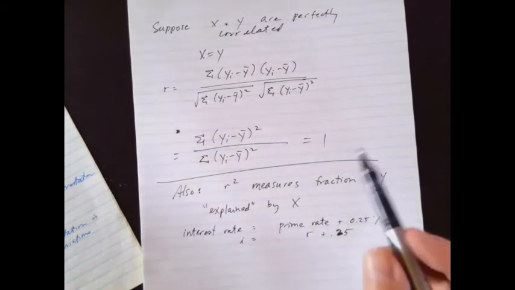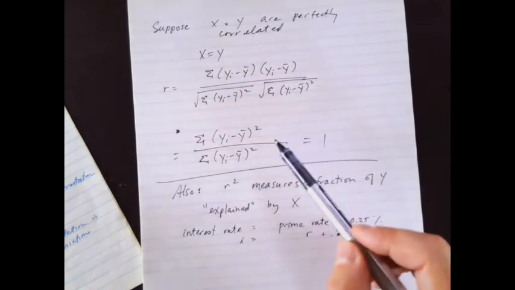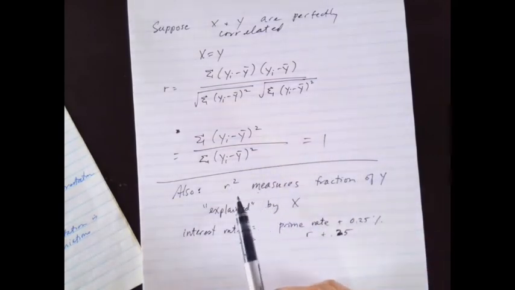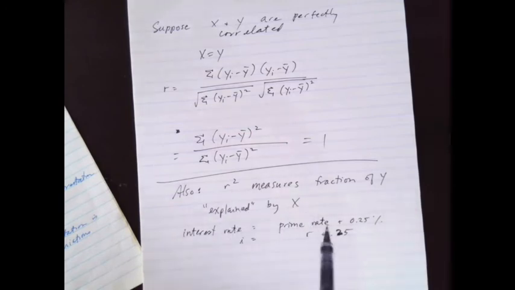So in that case, if we calculate the correlation and it's less than 1, the movement of the x variable explains some but not all of the movement of the y variable. Or in our example here, the movement of the prime rate explains some of the changes in the mortgage interest rate, but not all of them.